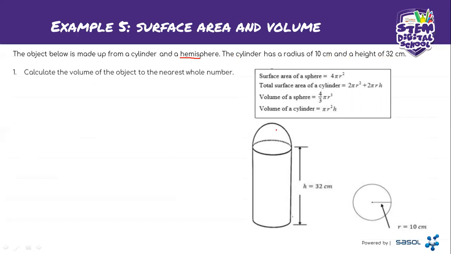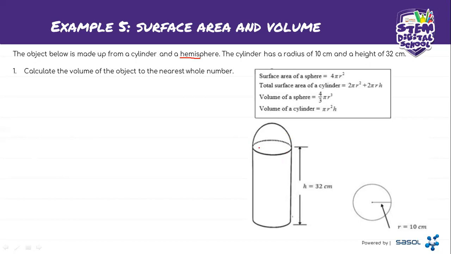The first question says: calculate the volume of the object, meaning we have to calculate the volume of the whole object, a cylinder combined with the hemisphere. You can see this top part there, we call it the hemisphere.